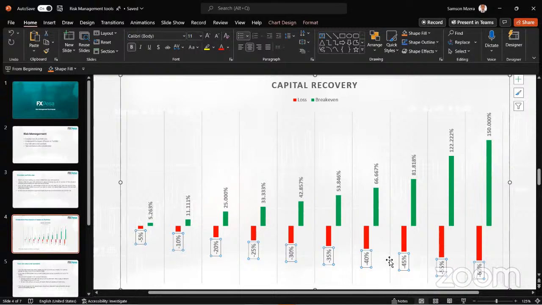So the recovery is never linear. For example, if I've lost 35% in this case, then I need to make 50%, 53% on my current balance just to get back to break even. So understand that risk is not linear as you move on with the account.